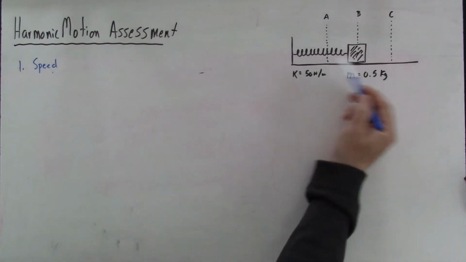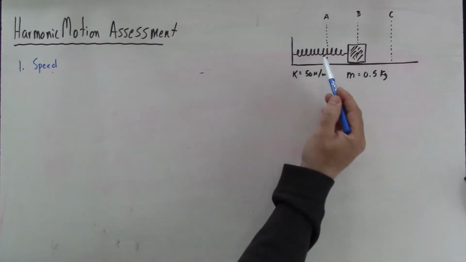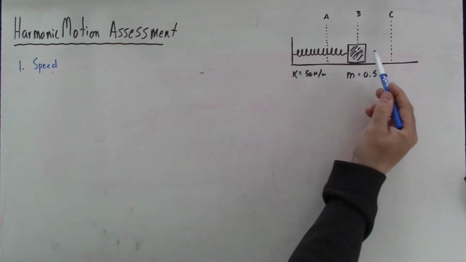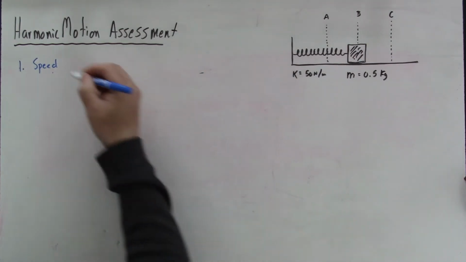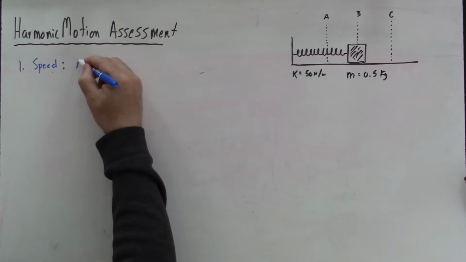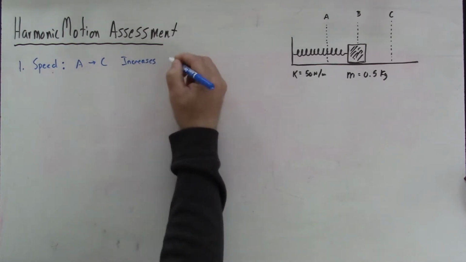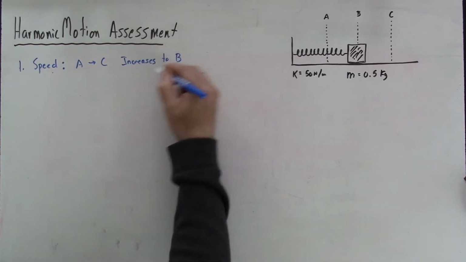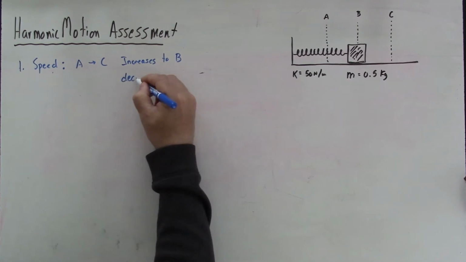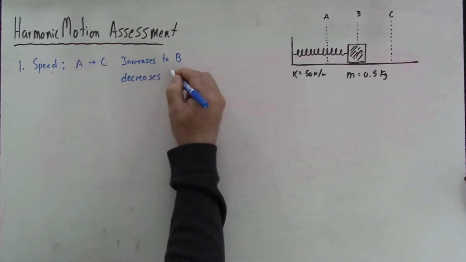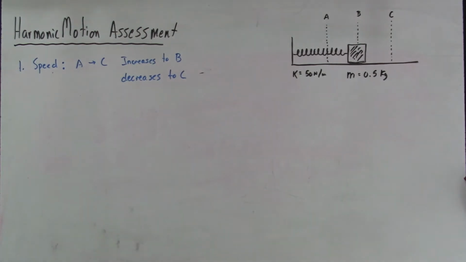Well, since the block slides to A and stops, and then speeds up through B, and then slides to C and stops, I'm going to say the speed increases to B and then decreases to C. So pretty simple. The speed increases as it goes from A to B and then decreases to 0 as it goes from B to C.